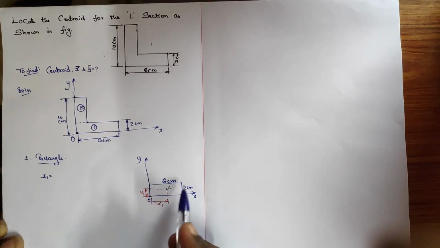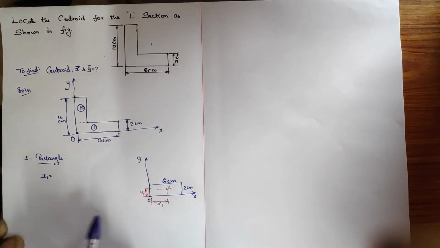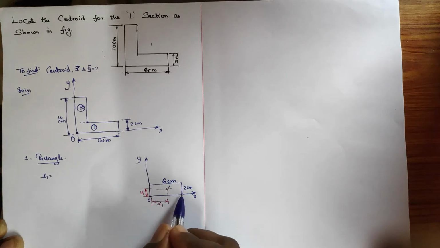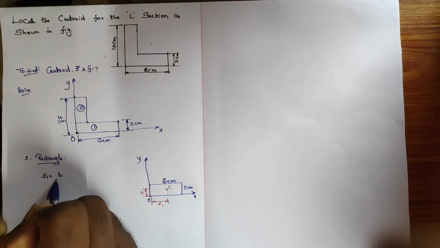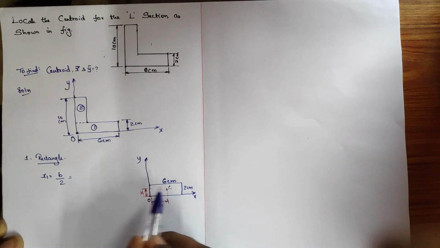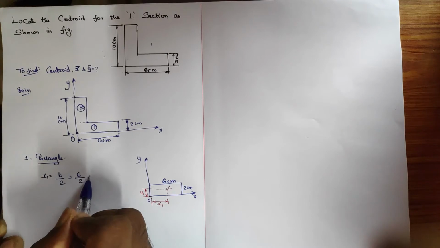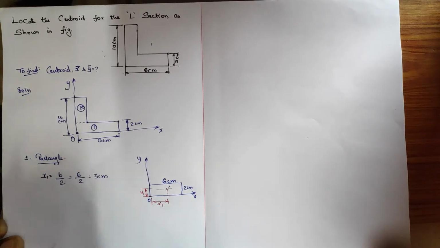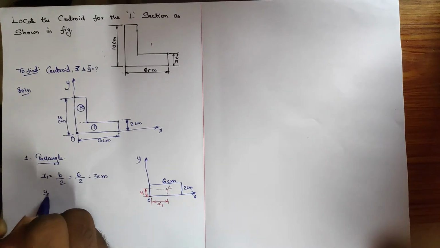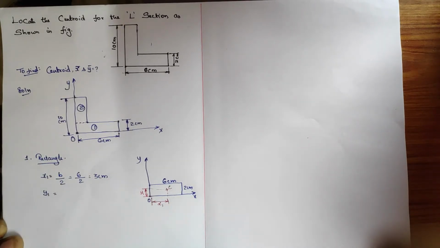What is the formula for a rectangle? Rectangle centroid, its length divided by 2, right? So here b divided by 2, b is 6 centimeter, 6 divided by 2 we get 3 centimeter. What about y1, the centroid distance from O?